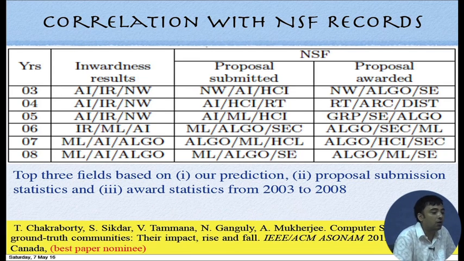Okay. So now if we do an analysis of the areas in which proposals were submitted in the different years from 2003 to 2008, we see that in 2003 the top 3 areas in which research proposals were submitted to the National Science Foundation by different academic institutes are networking, artificial intelligence and human computer interfaces.